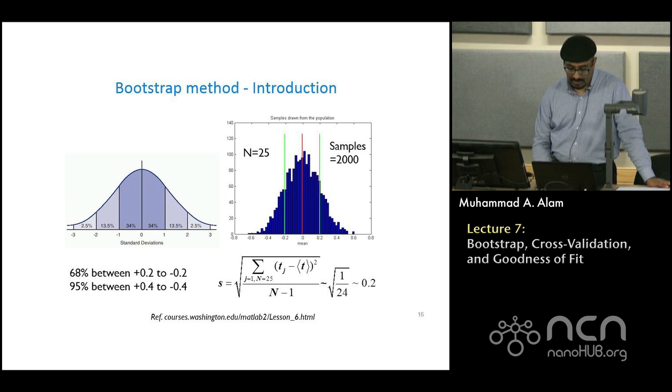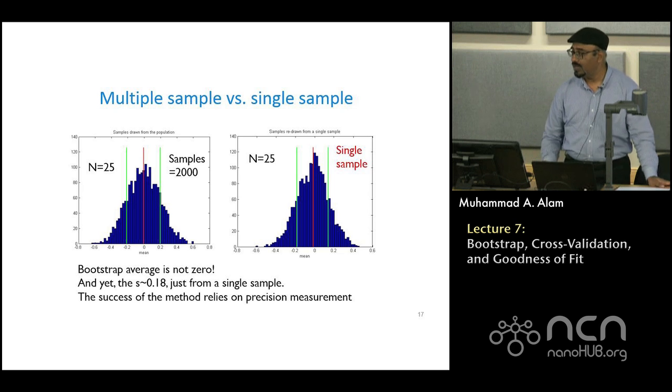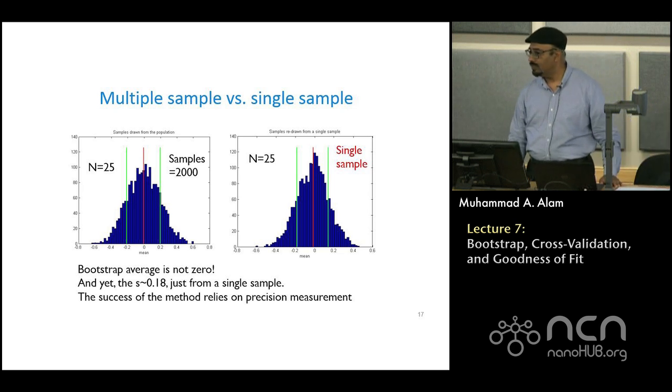Compare that with these two. Here, you have a single sample of just 25 data points. Just one. Here, you may have 1,000,000 data points. And if I did not mark which one is which, you might have a difficult time knowing, since one was done on the computer by repeated sampling.